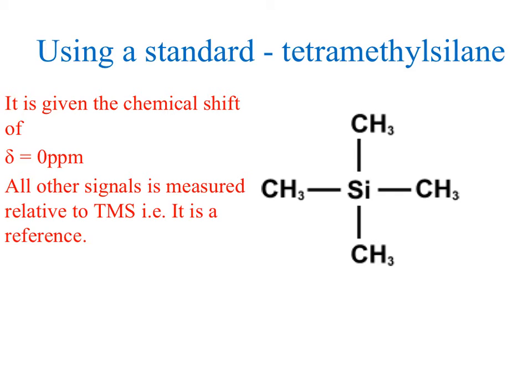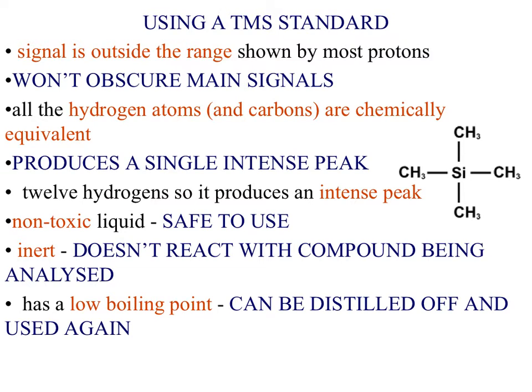Now we've got a question at the bottom of page 3. Why do we choose this tetramethylsilane as our standard? Why do we not choose something else? Now it's got to do with this structure of tetramethylsilane. So make sure that you've drawn the structure in somewhere in the bottom half there of page 3. Now if we look at the structure, we have got one silicon atom right in the middle, and it's surrounded by 4 methyl groups.